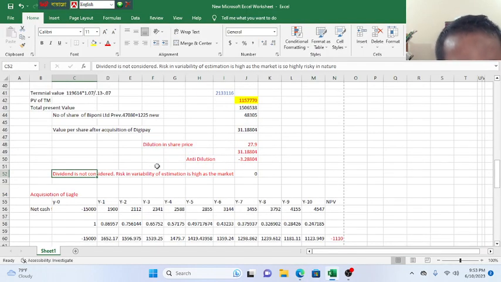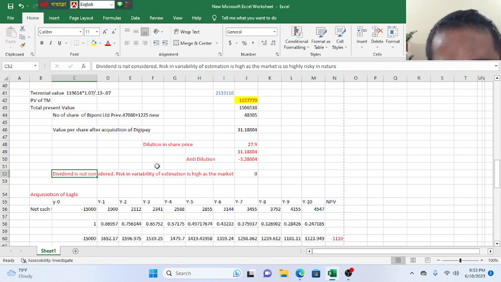The market is highly volatile, and a lot of technological involvement is there for this business. This is a technology based business, e-commerce and digital payment. So technology may change and technological threat is there. So it is not possible to estimate correctly what will happen after 2027 in the perpetuity.